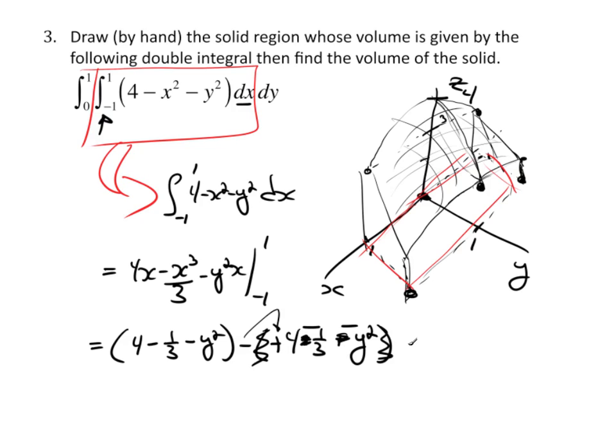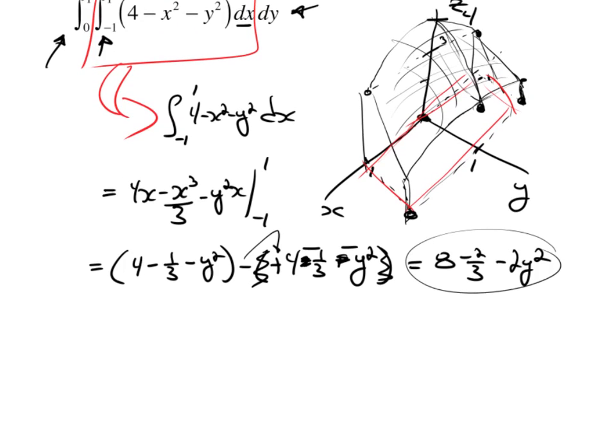And I am going to end up with 4, that's plus 4, I'm going to have 8. And this is going to be minus 2/3. And this is going to be minus 2y squared. So now I need to integrate this with respect to y with that outside integral.